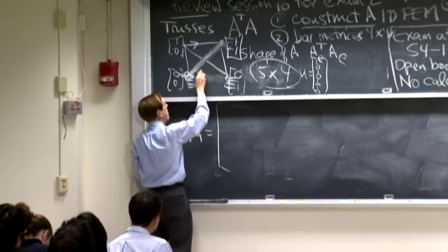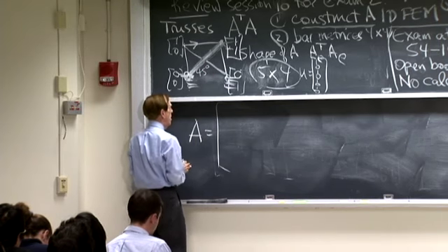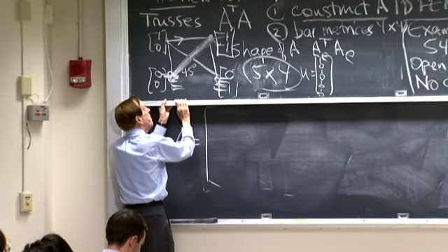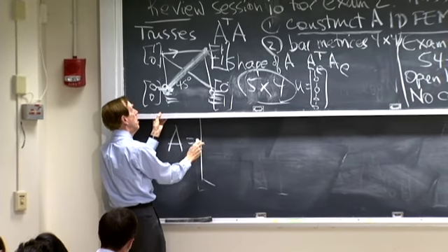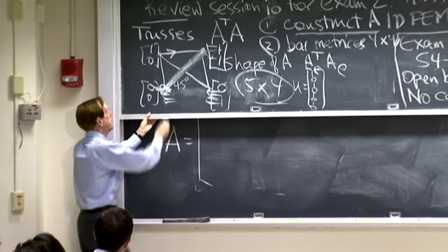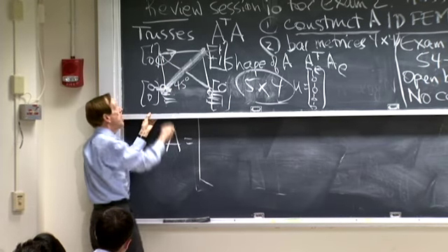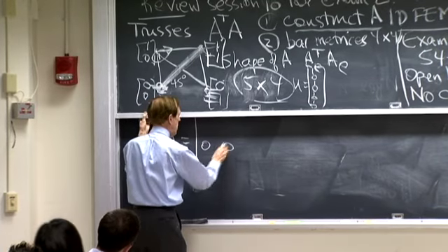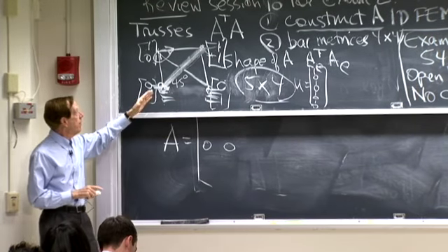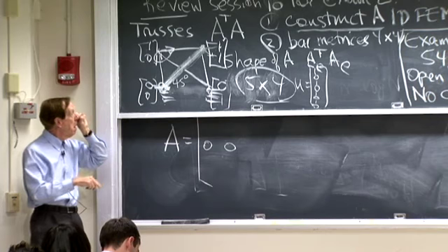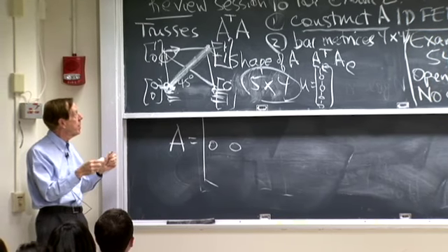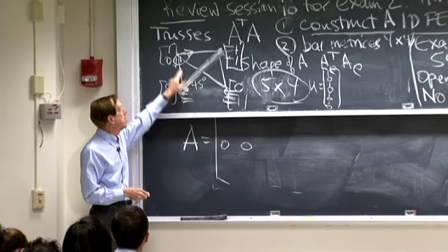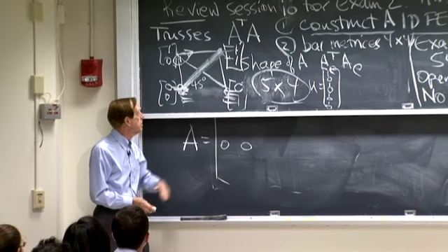If that's 45 degrees, then what would that row be? Where do my non-zeros appear? This is node number 1 with an H and a V. The connection between displacement and stretching of this bar does not involve this guy, so I think it's 0 and 0 there.